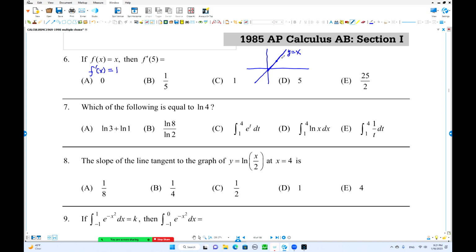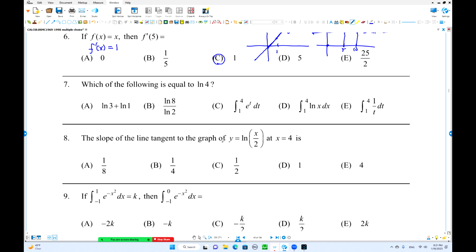The slope is always 1 there. That's f prime. So at 0 the slope is 1, at 5 the slope is still 1, at 10 the slope is still 1. The derivative is a constant, it never changes.